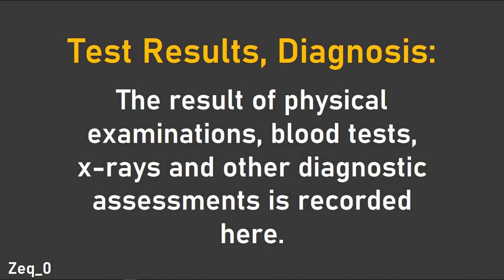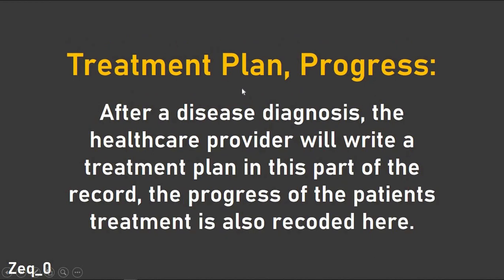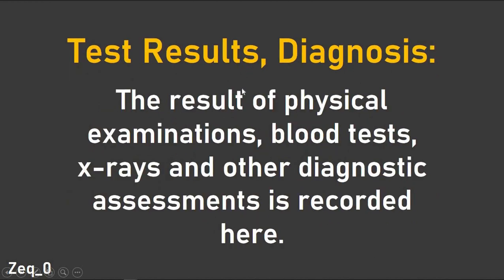So those are all things that should be examined in the physical exam. The next thing we have is test results and diagnosis. Here we write the results of physical examinations, blood tests, x-rays, and all diagnostic assessments should be recorded here.